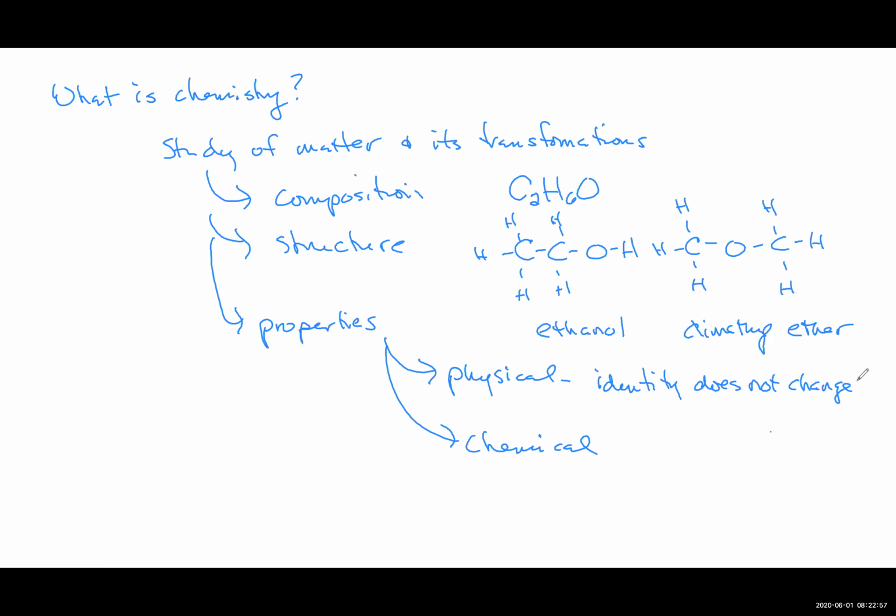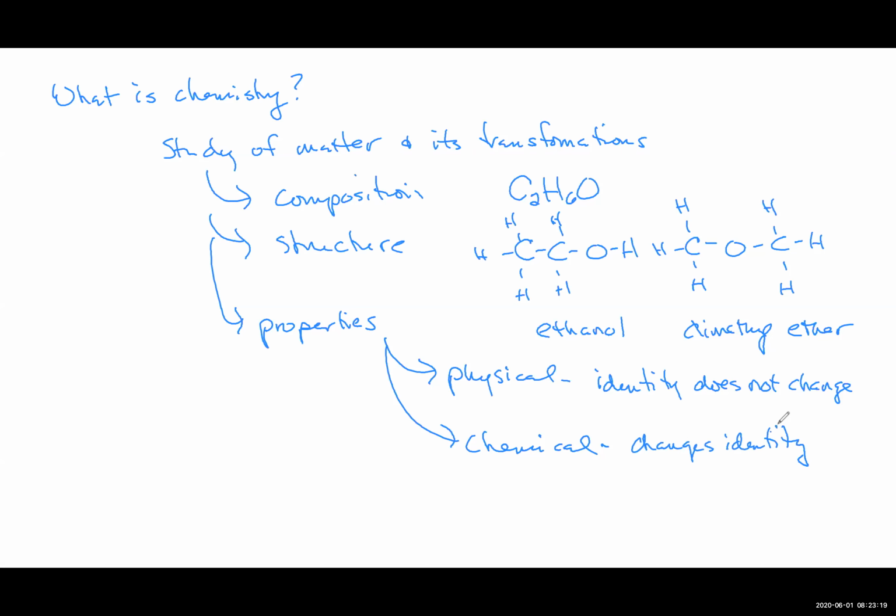But if you have water, H2O, and you have ice, H2O, that you freeze or melt it, that's a physical change. The temperature at which it boils or melts, those are physical properties because it's always going to be water, whether it's liquid or solid. Chemical, though, actually changes the identity.